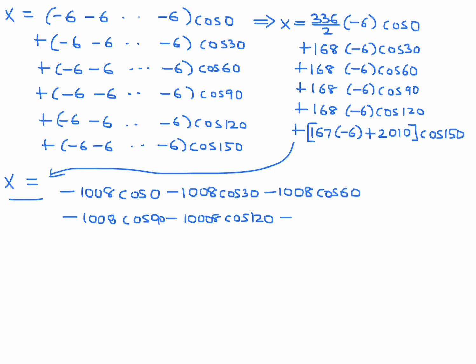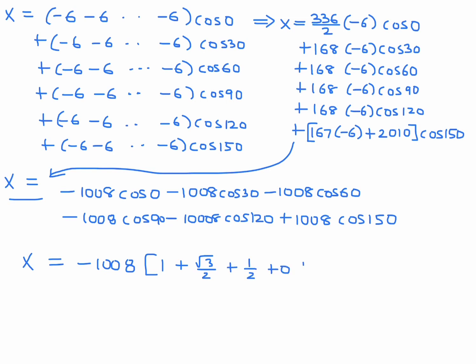This one, when you do the math, it actually becomes plus 1008 cos 150. Okay, now all we have to do is factor out a minus 108 and then just write out the values of all of these numbers. Well, the cos of 0 and so on. And this is going to be 1 plus root 3 over 2 plus 1/2 plus 0 minus 1/2 plus root 3 over 2.